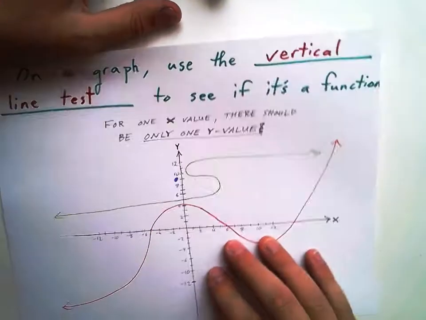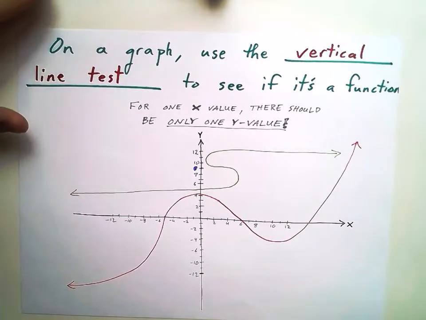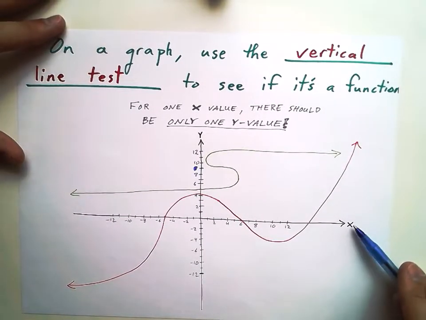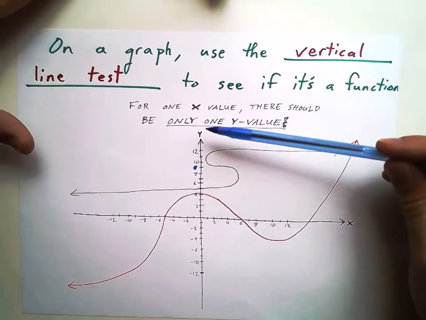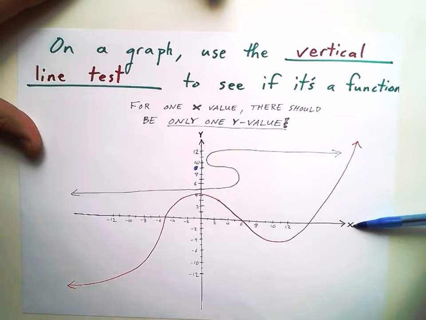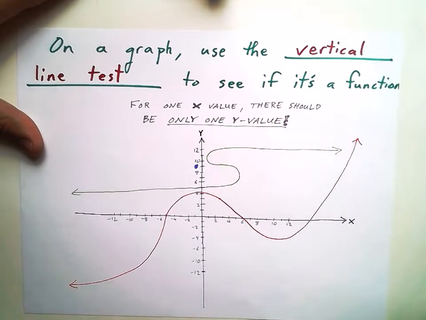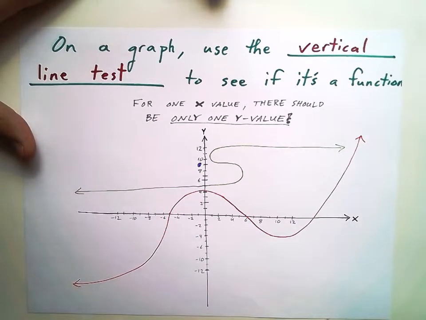Okay, on a graph, what this is going to look like is something called the vertical line test. So we already talked about x's are generally what we call the inputs, and y's are generally what we call the outputs. So x value input, y value output. So what it means is that there can only be one output for a certain input.